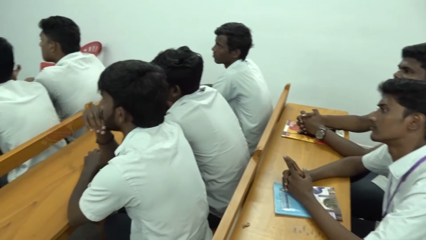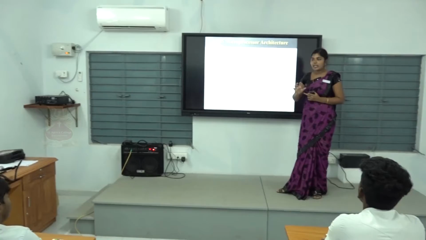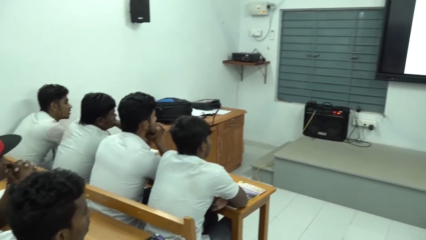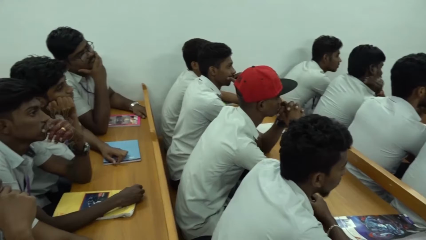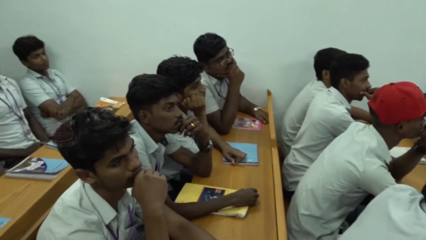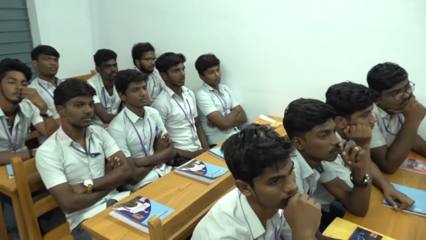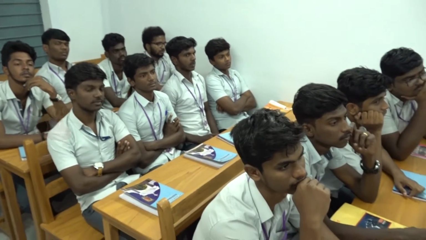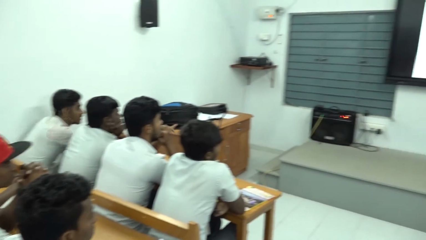Okay, next I am coming to ALU. ALU is the arithmetic and logic unit. It performs computing operations such as arithmetic operations, that means addition and subtraction, and logical operations such as AND, OR, XOR.